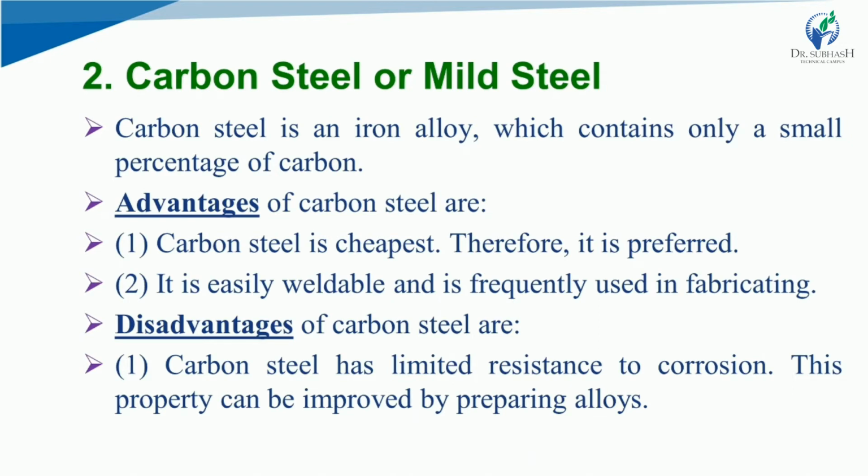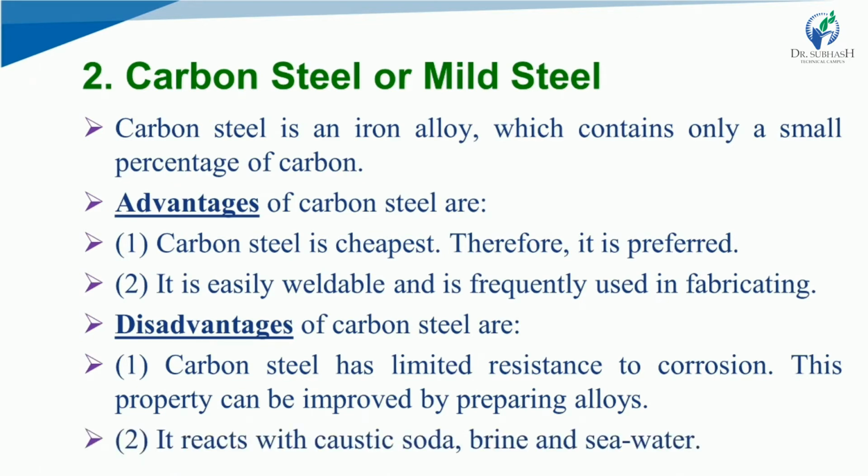It is easily weldable. You can mold it into any shape, and therefore it is also used in fabrications. But the disadvantage is that it has very limited resistance towards corrosion. Therefore, you have to consider this disadvantage and then select the material. But this can also be improved by preparing its alloys.